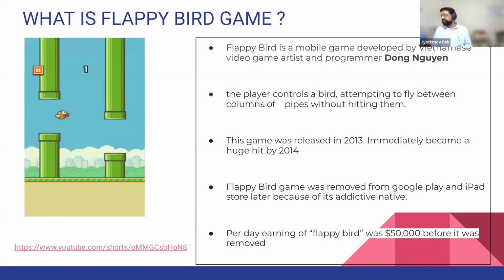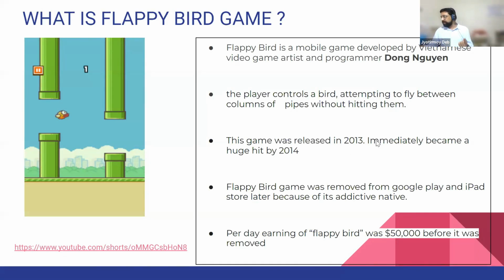It's a very simple game. There is an upper pipe and a lower pipe, and the bird flies through in between. In whichever way you want to implement it, that's all.